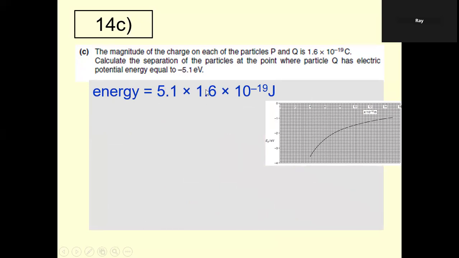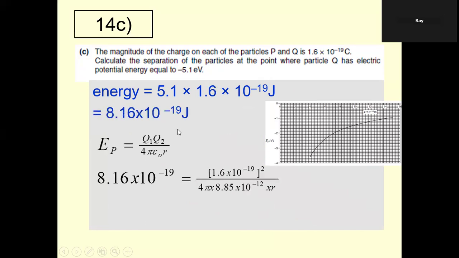Convert it to joule and use the equation. That's the potential energy. Both are electron charges. So the square there, this is 4 pi epsilon naught times R.